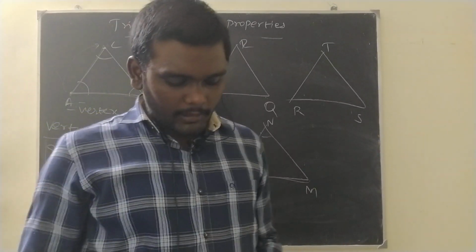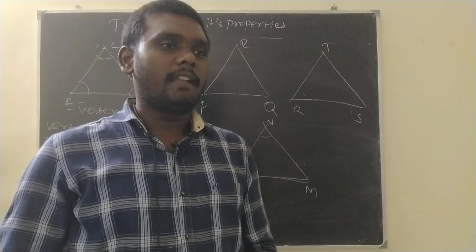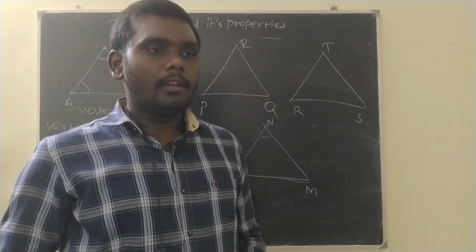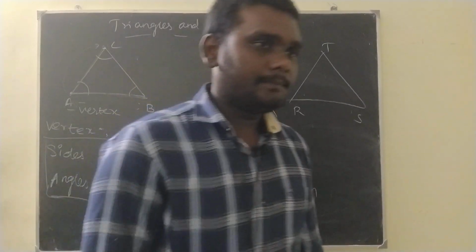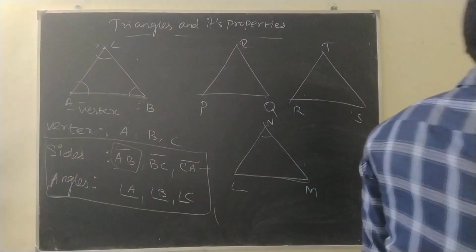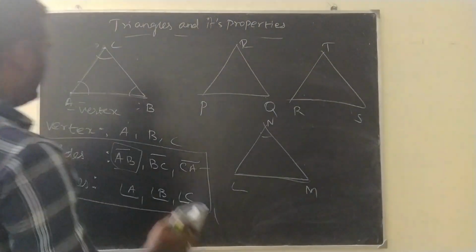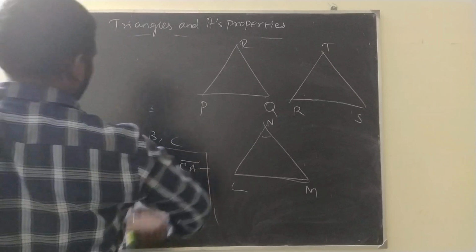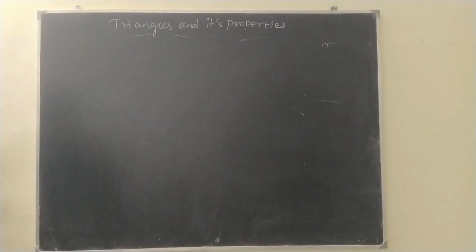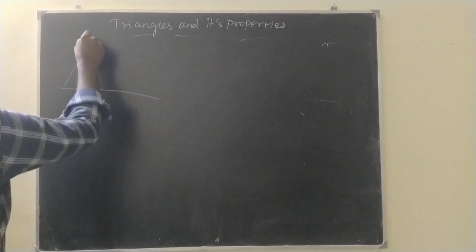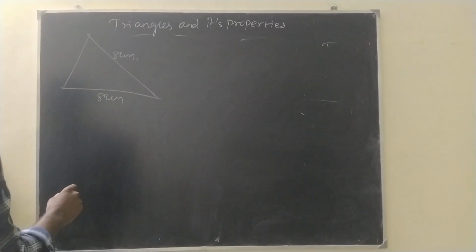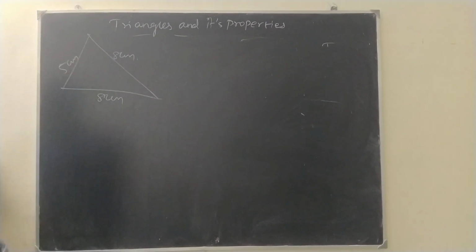And then look at figure 6.2, classify that according to the sides. See, there is one triangle given. What can you say about that based on sides? Scalene. Here 8 centimeter. Here also 8 centimeter. Here 5 centimeter.